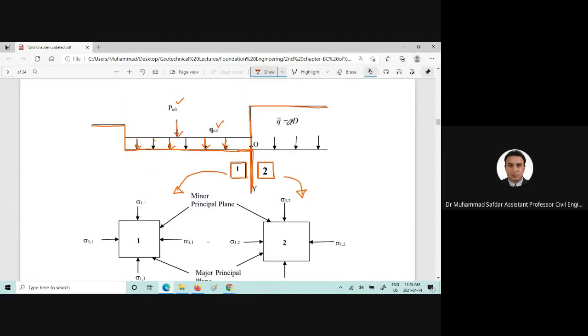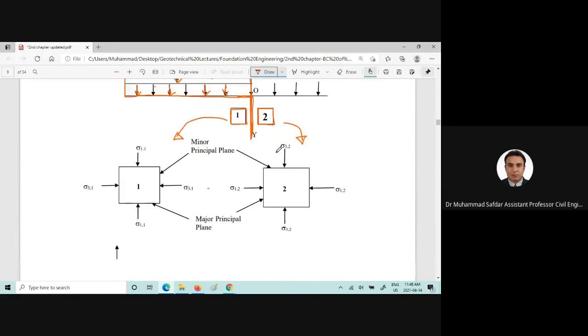Before going there, please note down that the overburden pressure is q bar equal to gamma into D. Now, sigma 1 will act as the major principal stress on the major principal planes, and sigma 3, which is the minor principal stress, will act on the minor principal planes.